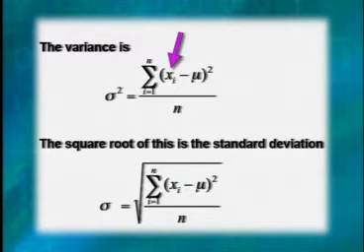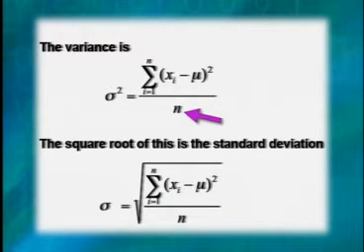For example, if we're talking about salary, for each salary you take the difference between the salary and the mean salary, and then square it. So you square the difference from the mean and add up all of those squared differences, and then take the mean of those, that is, divide by n.